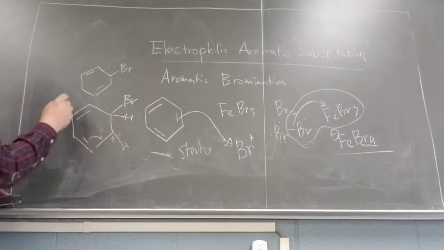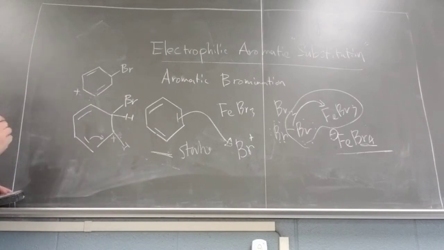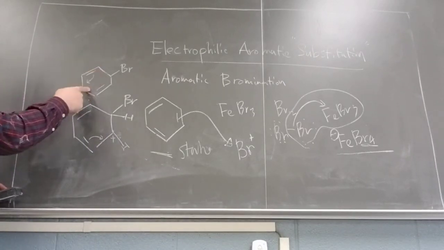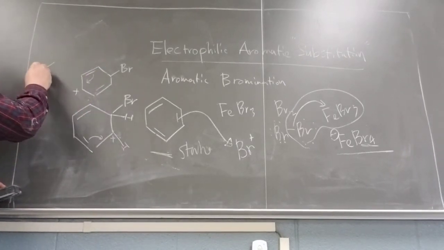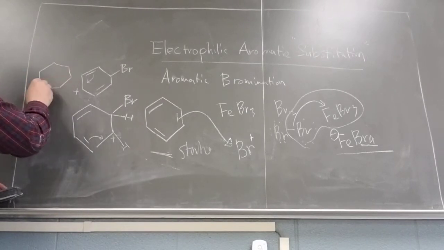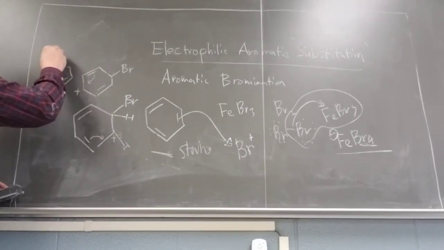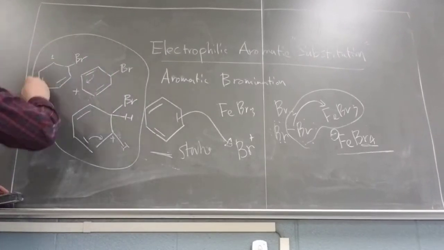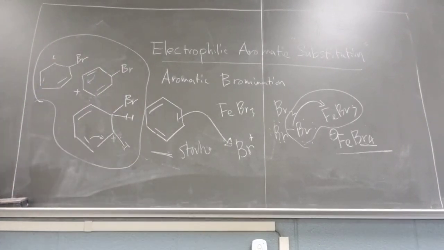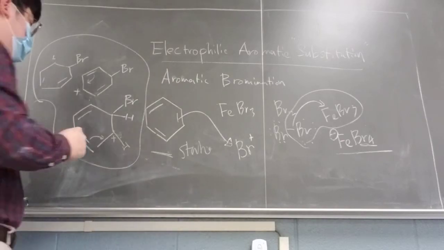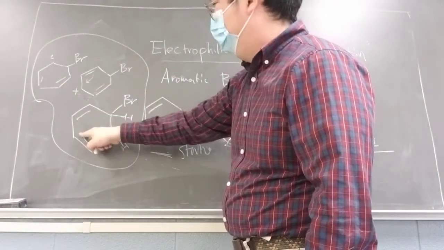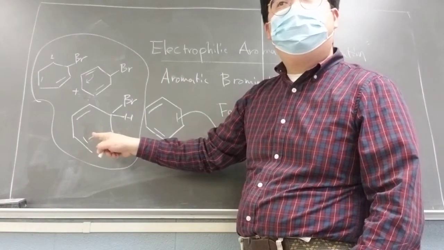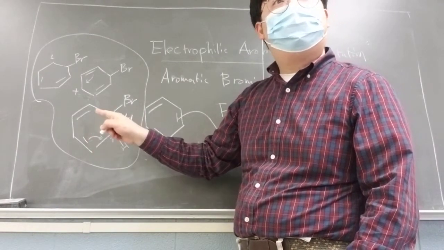So it moves to here, and then it can also move to here, right? So these three are possible. They go back and forth because this bond can move. You remember this from the conjugated compounds, right?